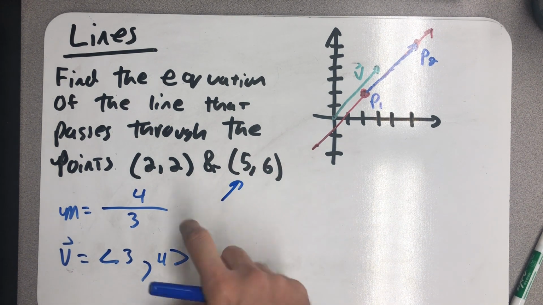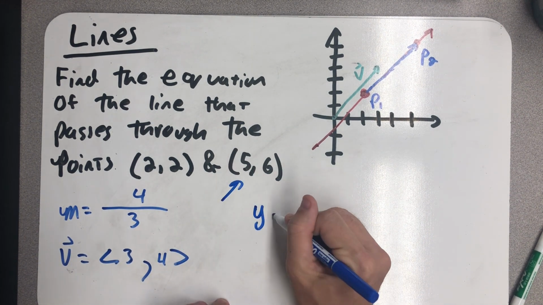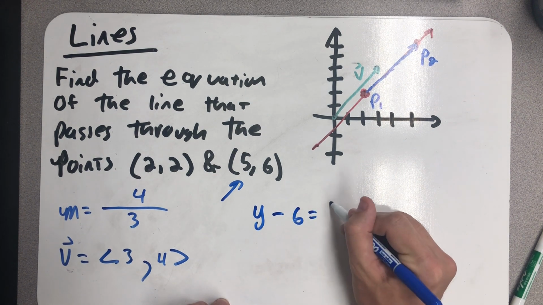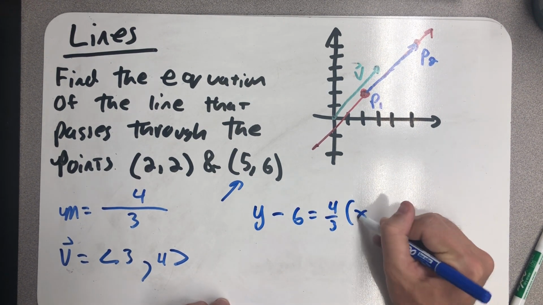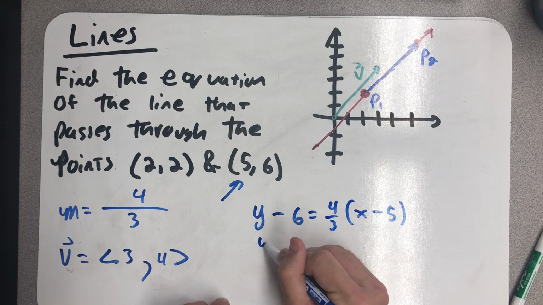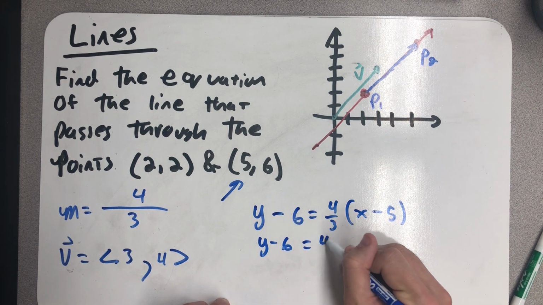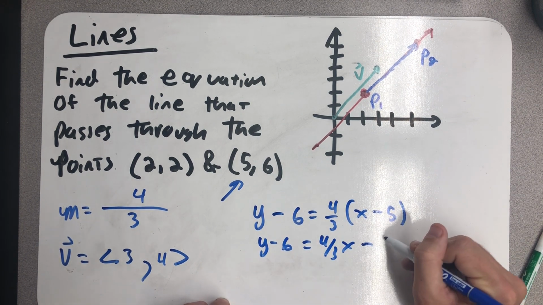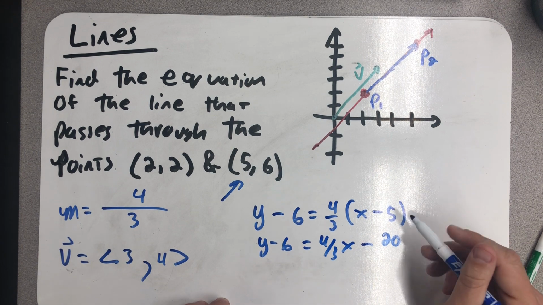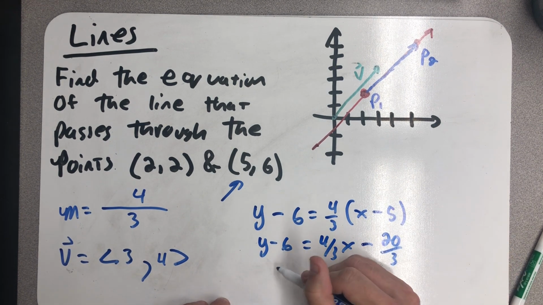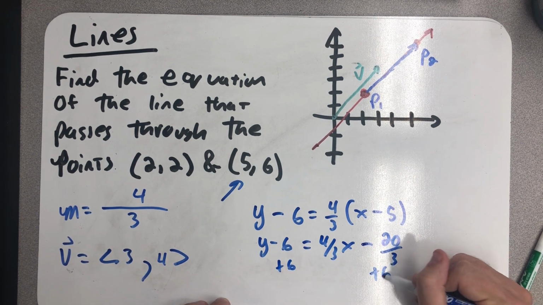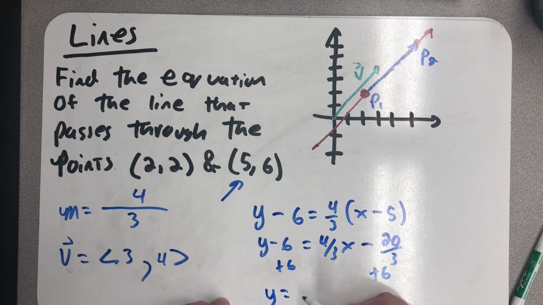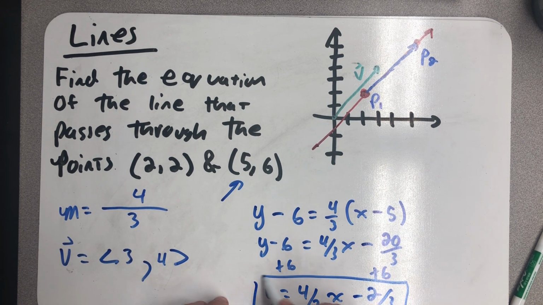So I'm going to use this point and that slope. All right, just writing my line in its slope-intercept form. And there's the equation of that line.